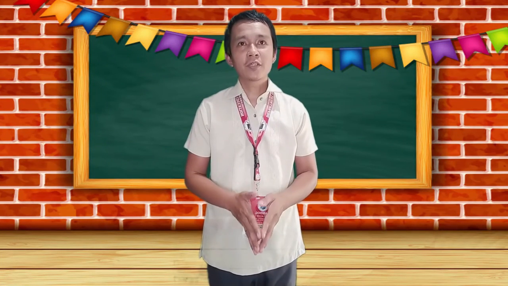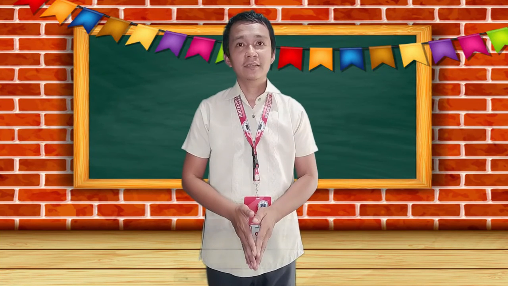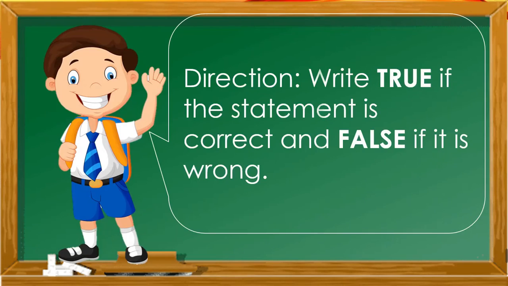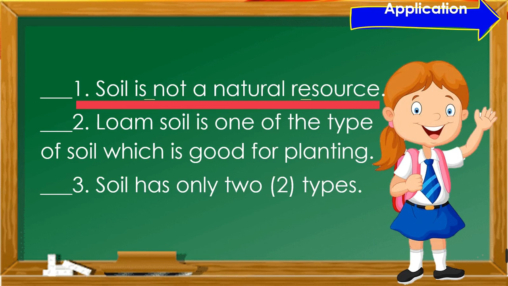To summarize what you have learned, let us do the activity. Direction. Write true if the statement is correct and false if it is wrong. Number 1. Soil is not a natural resource. Number 2.